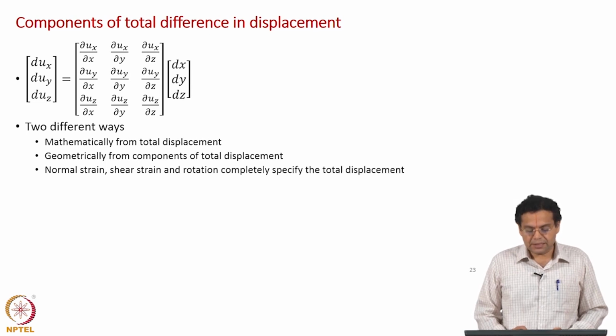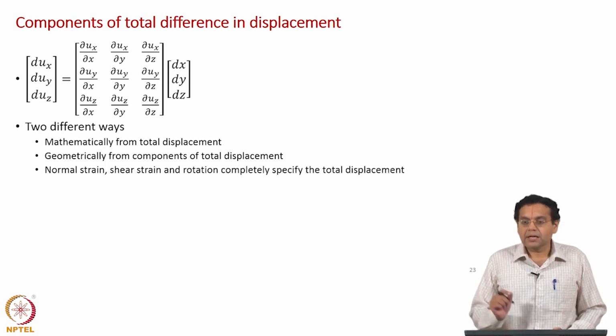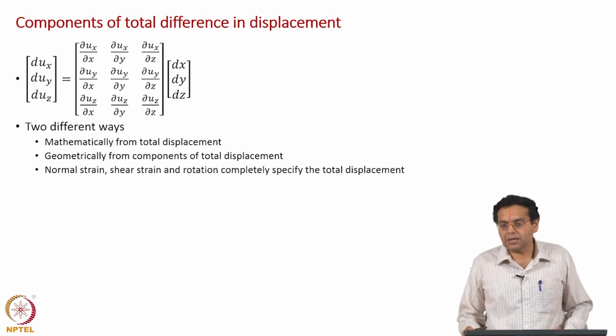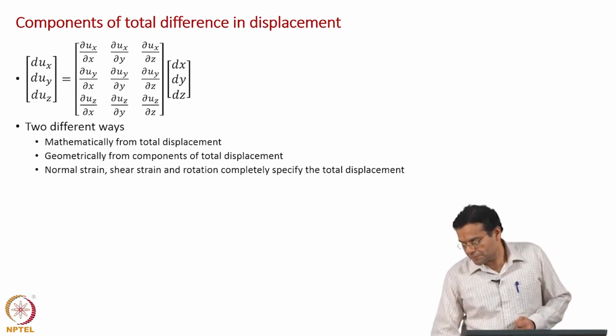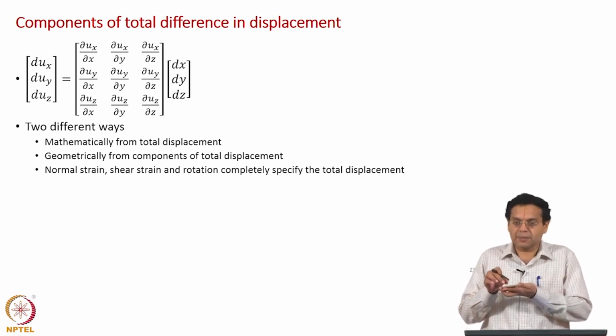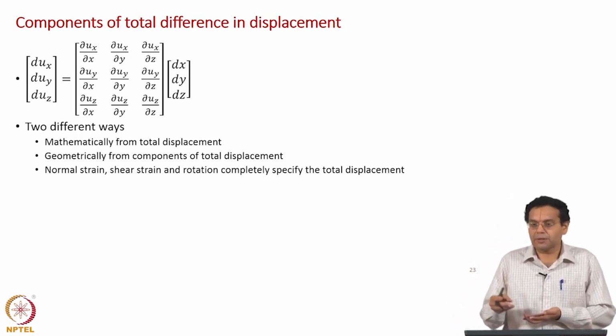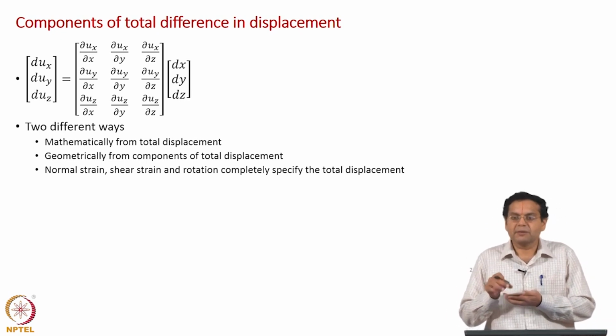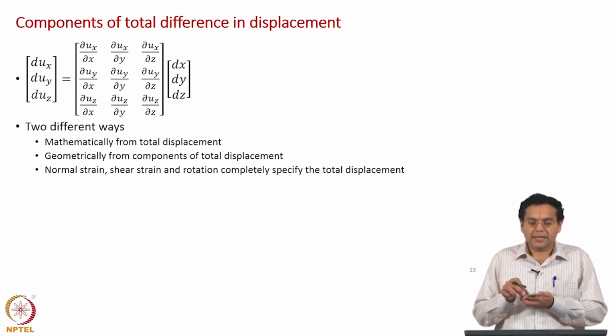Normal strain, shear strain and rotation completely specify the total displacement. What does it mean? When I say total difference in displacement, we made a statement that it has three components: normal strain, shear strain, rotation. We are proving it now.